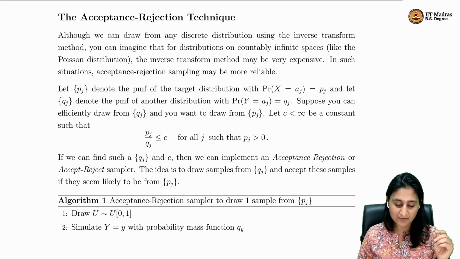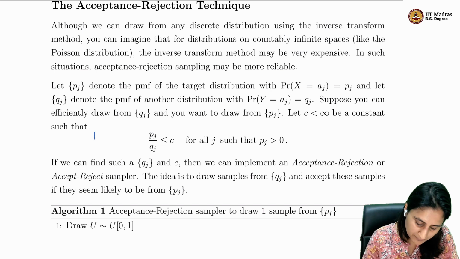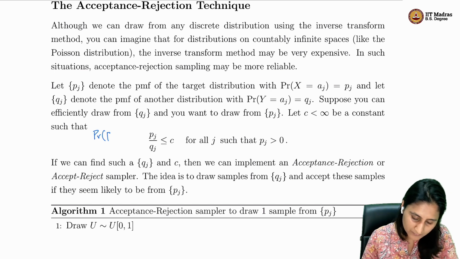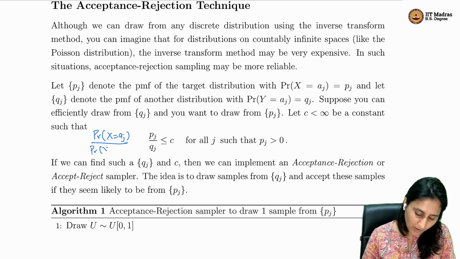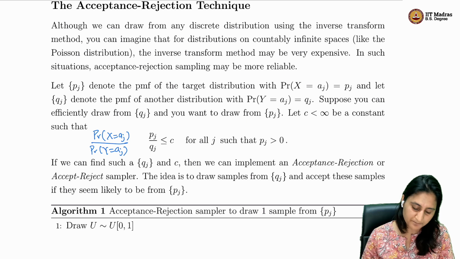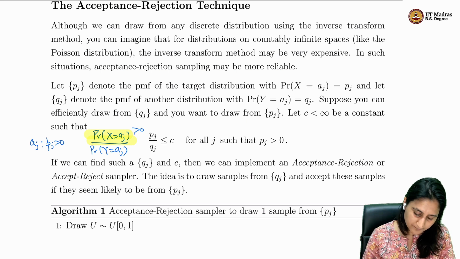If I look at the ratio of p_j and q_j, this is the probability that X takes a value a_j divided by the probability that Y takes the same value a_j. But this a_j is such that p_j is greater than 0, so that the numerator is positive.